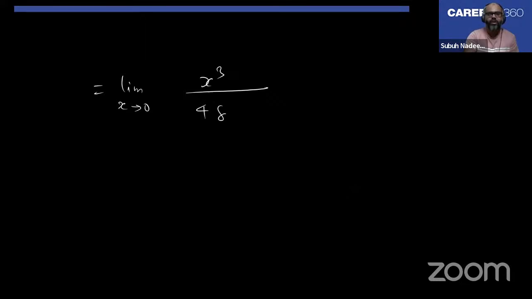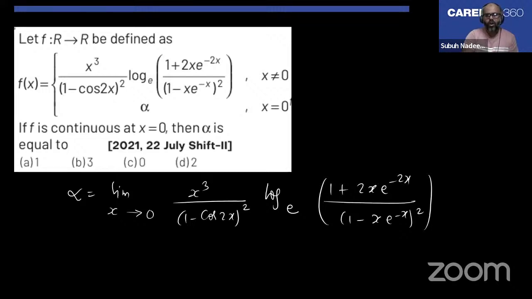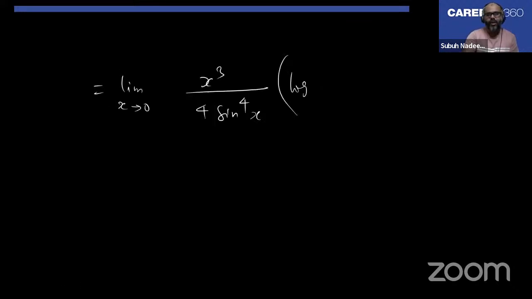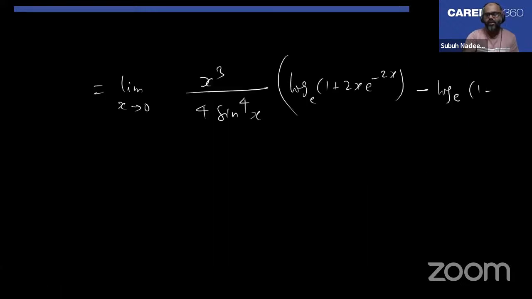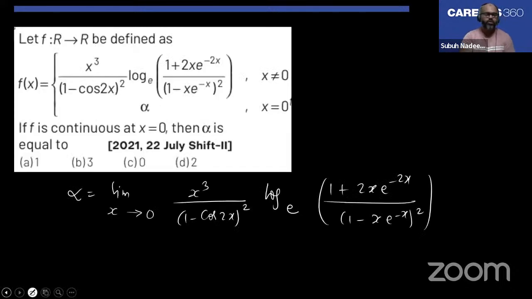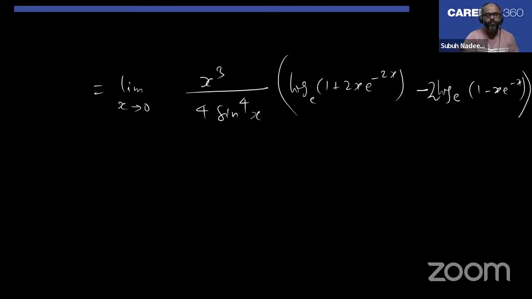So it will become 4 sine to the power 4 x. And log to the base e can be written, by the property of log, as log to the base e (1 plus 2x e to the power minus 2x) minus log to the base e (1 minus x e to the power minus x), and the whole square will come in as the coefficient. So these properties of log we know already. So we can use these properties of log.